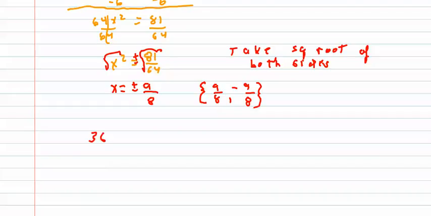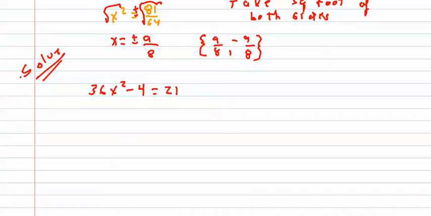36x squared minus 4 equals 21. And I didn't write it before, but the directions are going to say solve. All right, solve the equation. Again, we want to isolate the x squared. So we're going to add 4 to both sides, and you don't have to say plus 4. 36x squared equals 25.